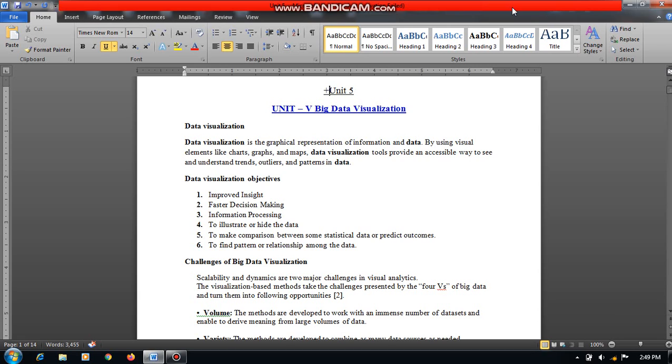There are various objectives of data visualization. These are the list of the objectives.